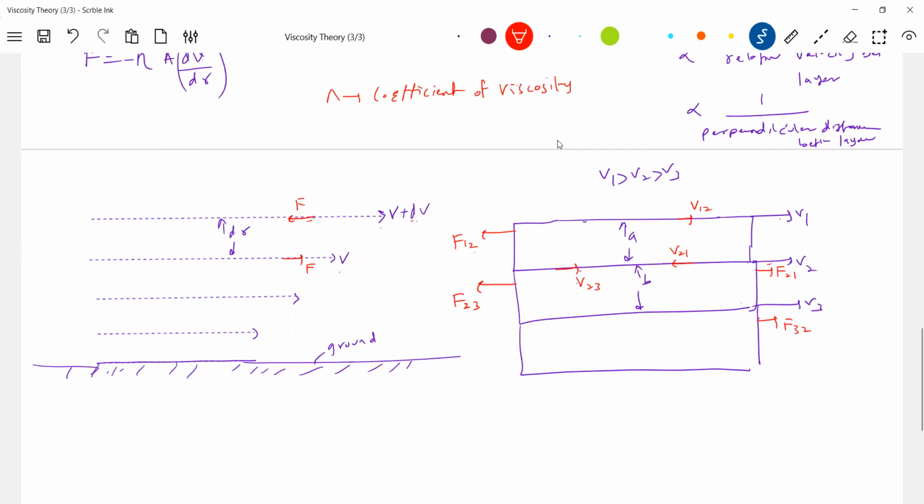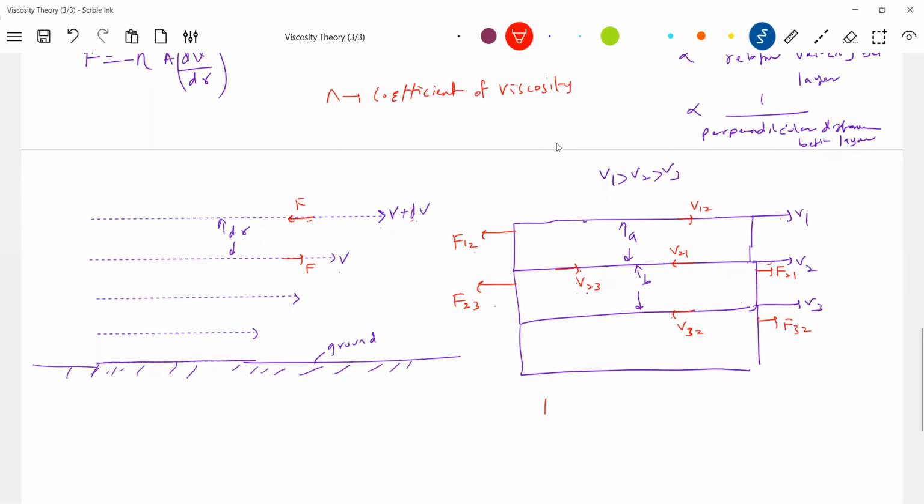Velocity of layer 2 with respect to 3, opposite to that. Similarly, V32 will be in this direction. Getting the idea now? Just the viscous drag will act opposite to the relative velocity.